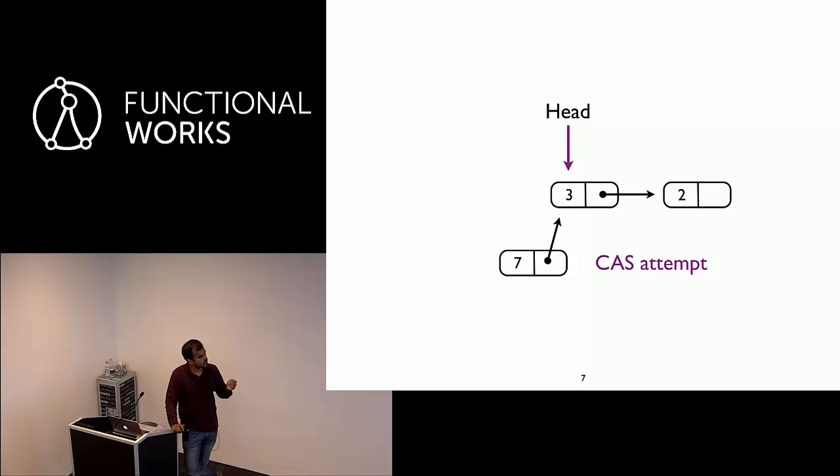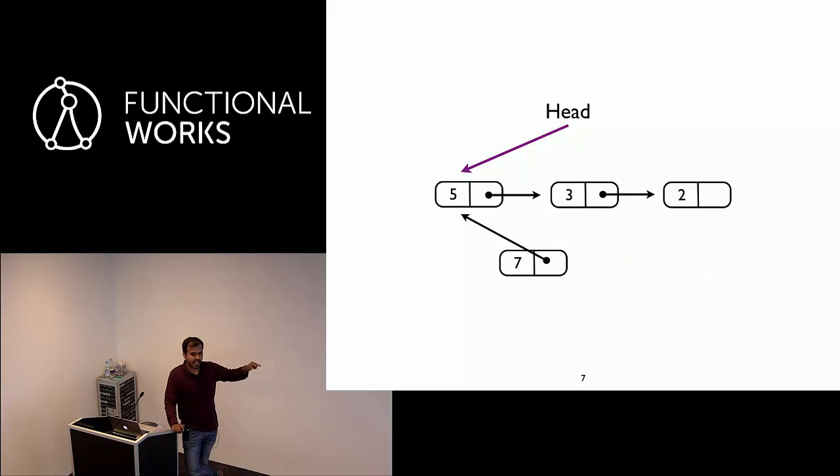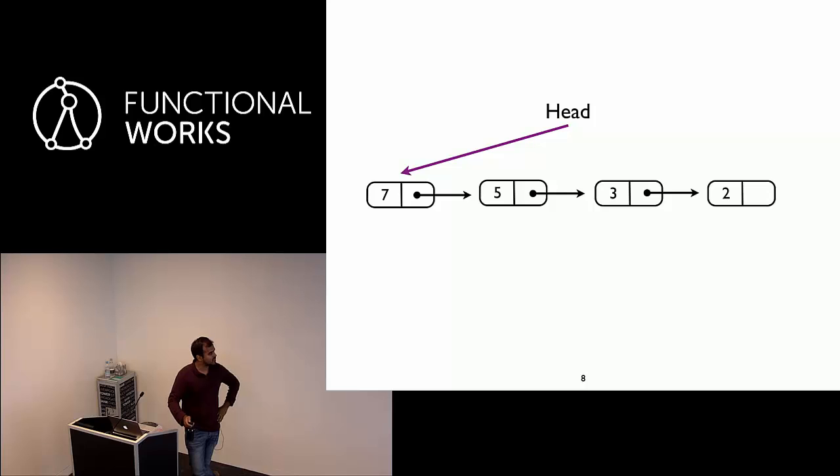What it tries to do is attempt a CAS, trying to update the head to this new node. But in the meantime, you could have other threads that update the head to this element 5. So this causes the CAS to fail, and then the whole protocol has to be retried, and the only guarantee that you get is that eventually the whole protocol will succeed and the element will be enqueued.